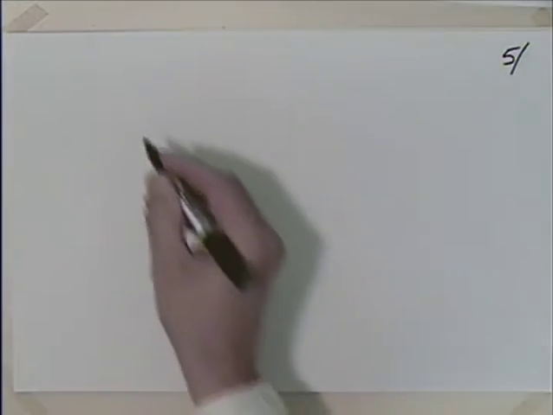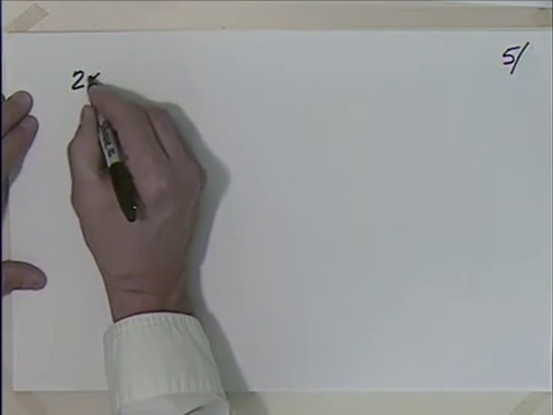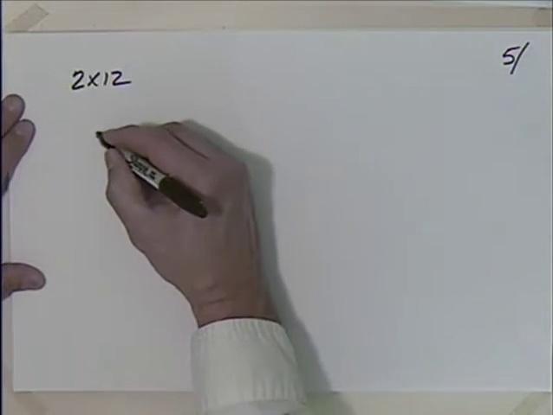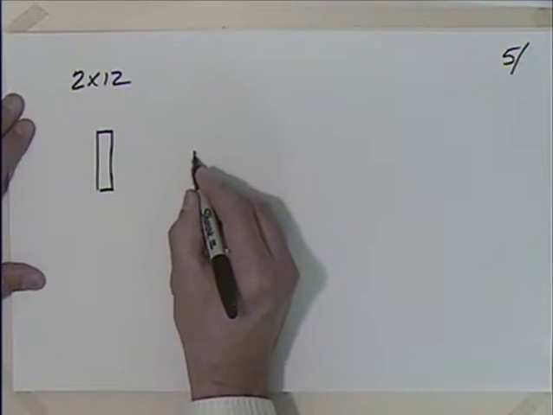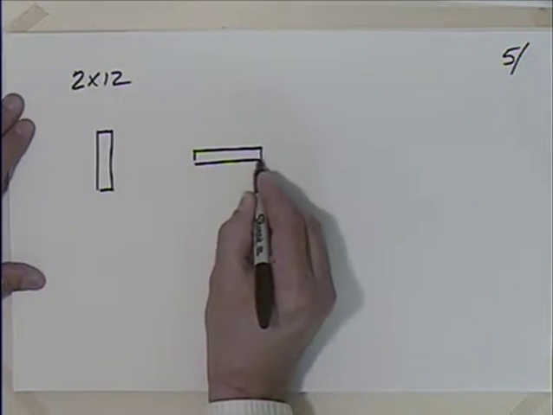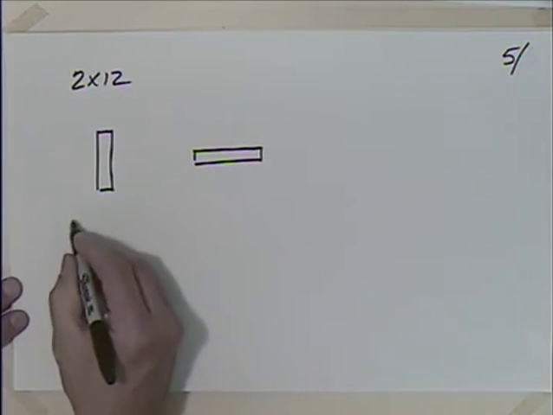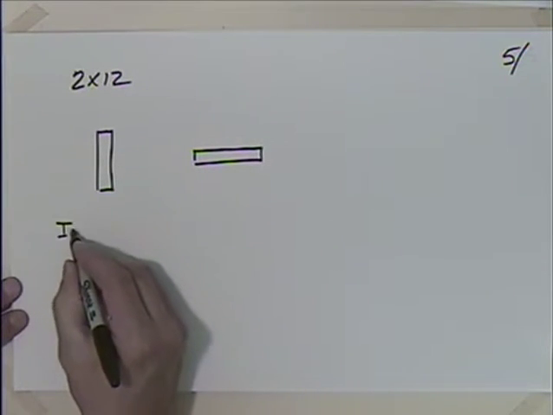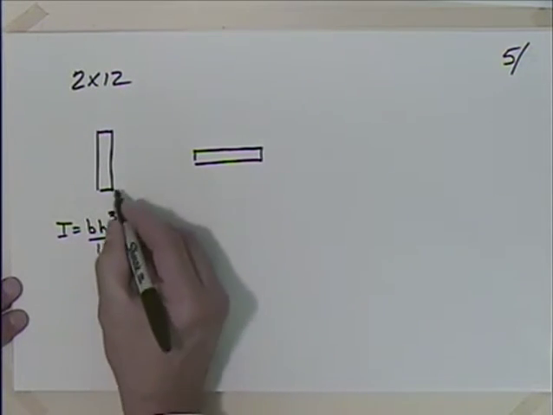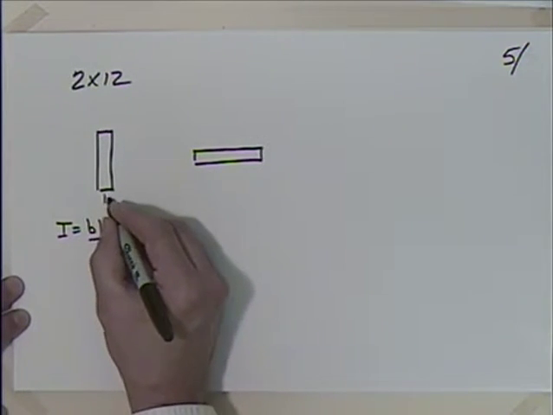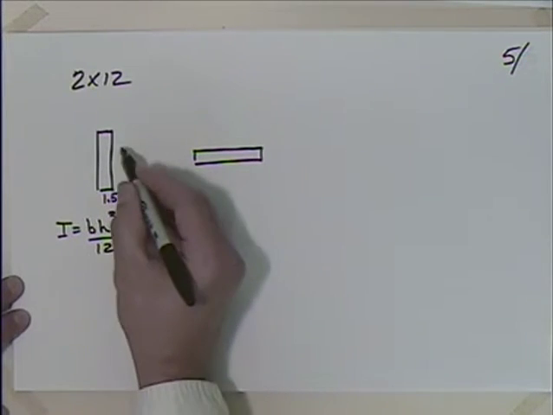So let's say that we have a 2x12, and we're going to arrange it this way, or we're going to arrange it this way. Okay? And again, I'm going to say that I is equal to base times height cubed over 12. So here my base is 1.5, and the height is going to be what?